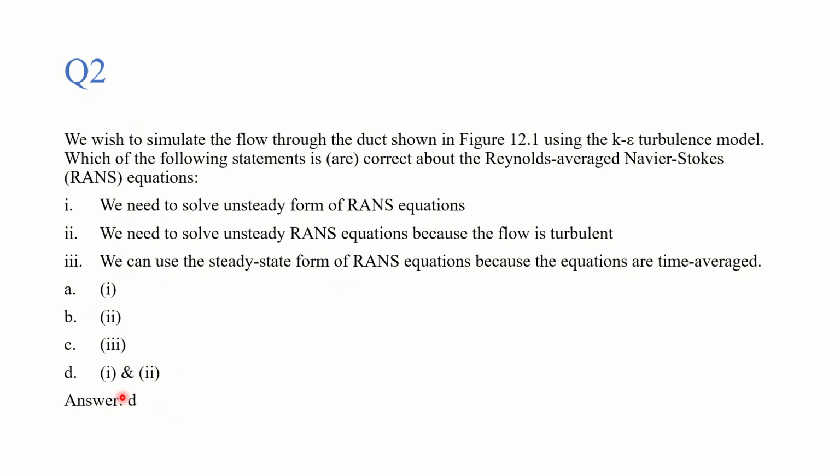Well, we wish to simulate the flow through the duct, that is the rectangular duct which we saw, using the K epsilon turbulence model. The Reynolds averaged equations are basically the time averaged equations for motion of the fluid flow.